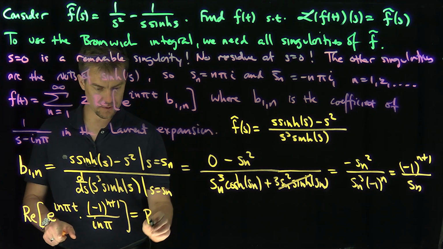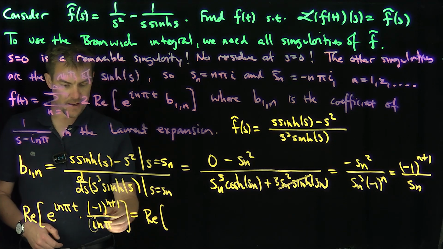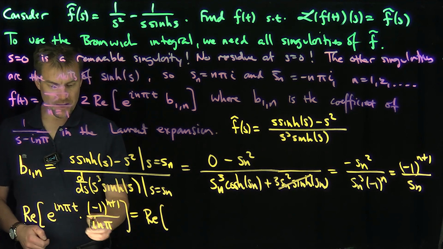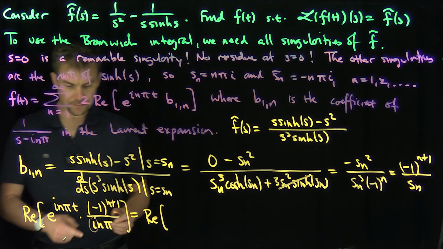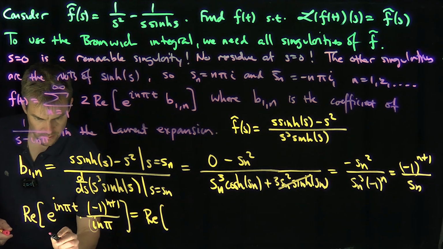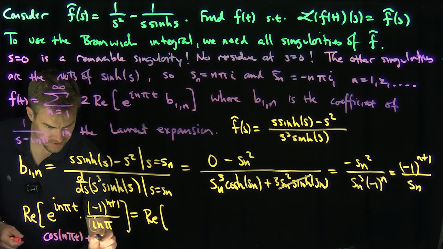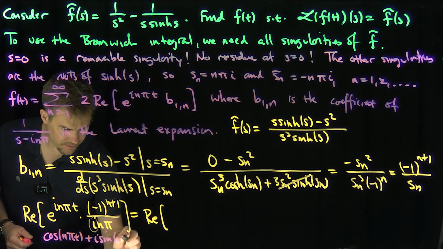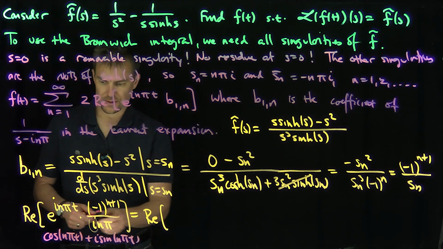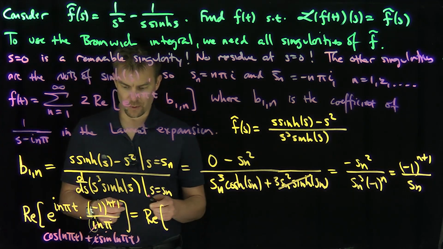So this is the real part. Now that's the same thing as -1. So I can take this I and put this in the numerator, and that's going to give me a what? This thing over here is cosine of n pi t plus I sine of n pi t, right? And so that I is going to cancel out here and here, and so this is just going to be the real part.